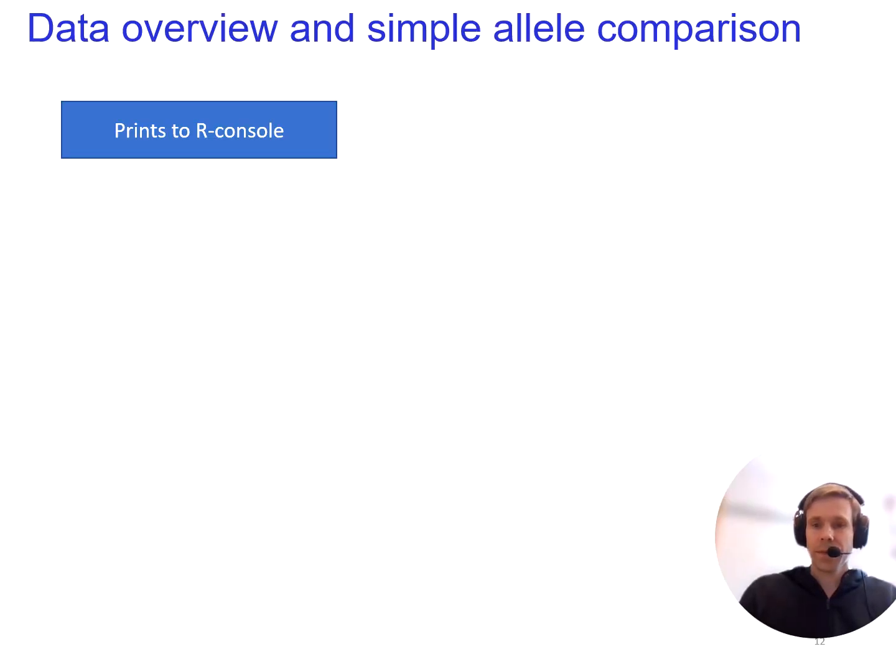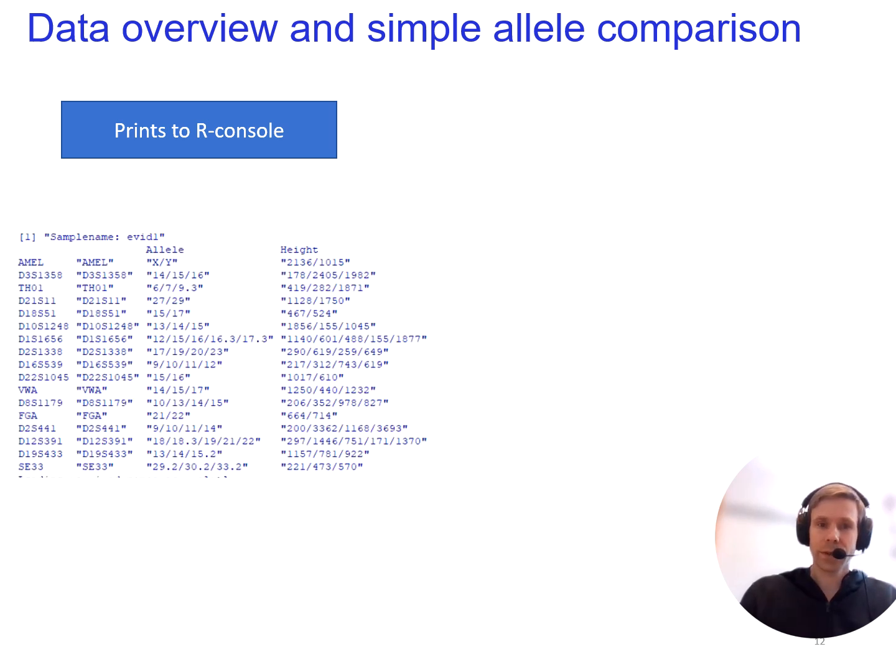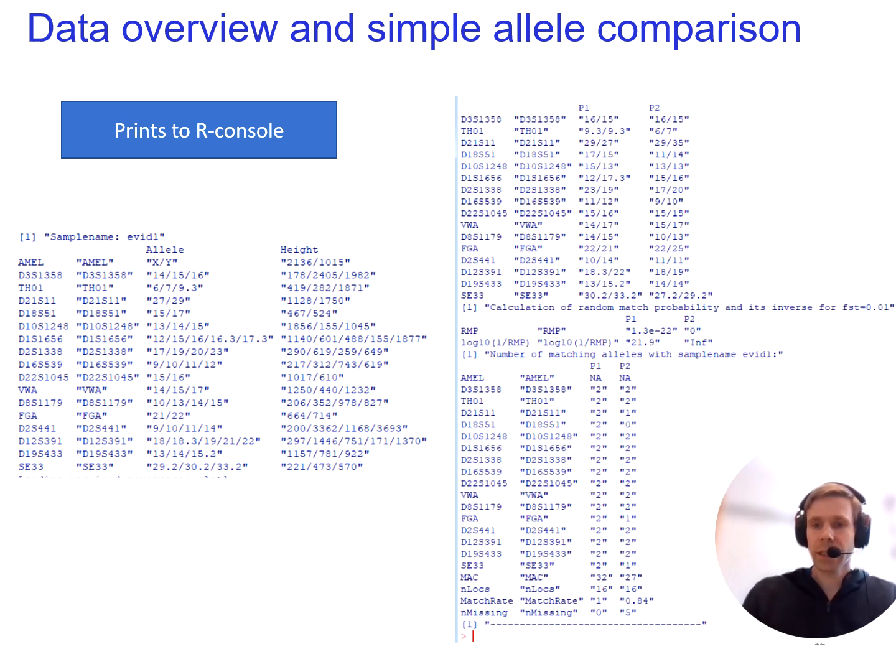So first of all, the simple allele viewing and allele comparison is printed to the R console. So this is how it would look. You will see how the alleles and heights are arranged for the evidence profile. This is very useful to do quality control to see if your data has been correctly loaded. Similarly, for reference profiles, you can view the profiles.